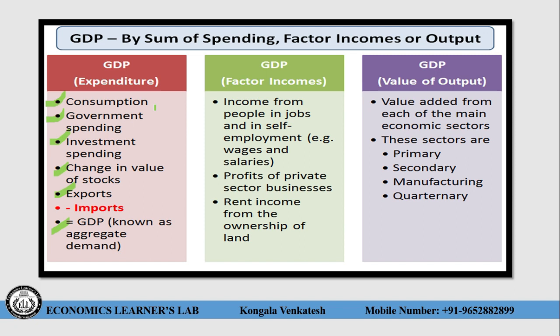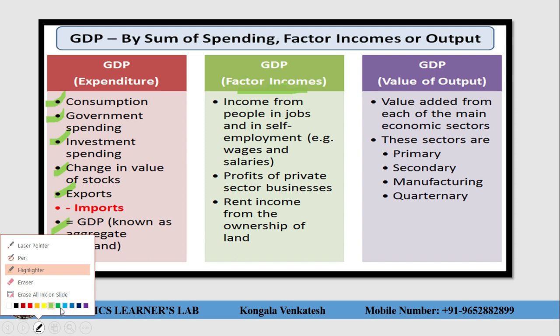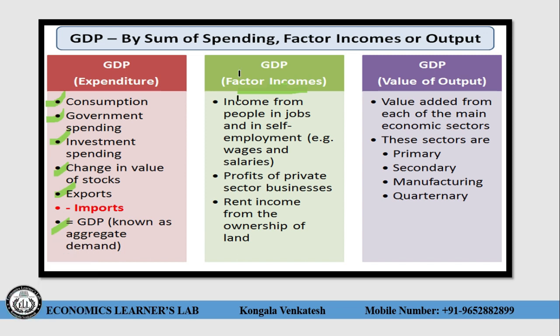If you want to calculate national income as GDP in the income method, that is the factors income method, you include income from people in jobs and in self-employment, for example wages and salaries, plus profits of private sector businesses, plus rent income from the ownership of land.